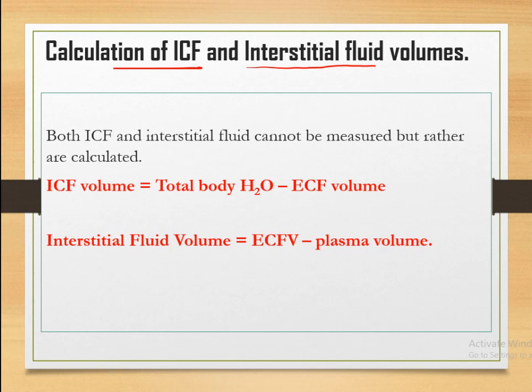That's how easy it is. So intracellular fluid volume is equal to total body water minus extracellular fluid. Then interstitial fluid volume is equal to extracellular fluid volume minus plasma volume.